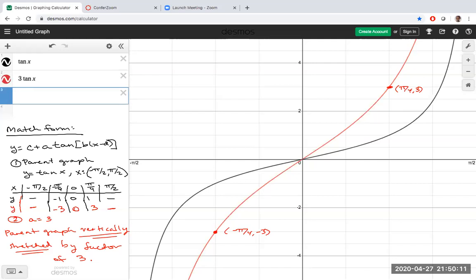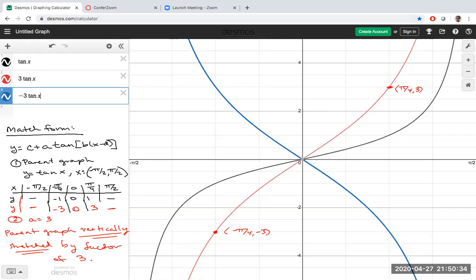What would be different if we had a negative in front instead? The negative essentially flips the graph we just had over the x-axis.